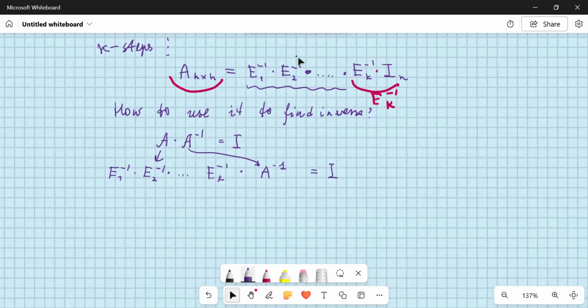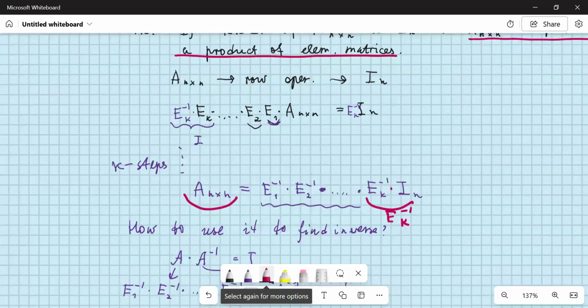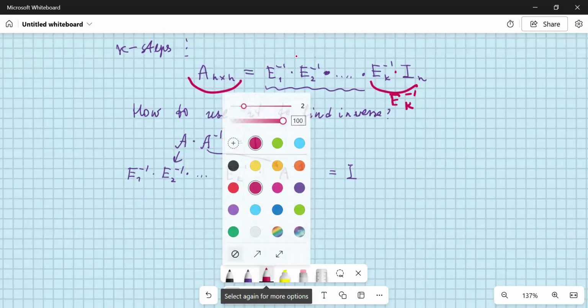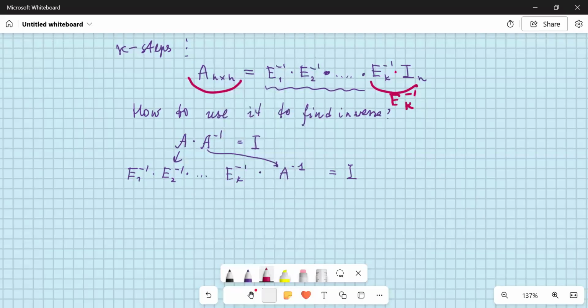What I can do here is the same process I was doing before when proving the theorem. I can multiply this statement by the inverses of these matrices. For example, what is the inverse of E1 inverse? That's just E1, right? Because they're inverses, they're going to give me identity. If I multiply it over here, I'm just going to write down one. And I can do K steps.